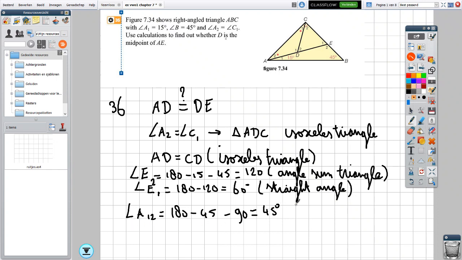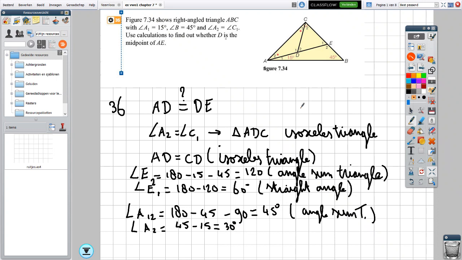This is again angle sum, triangle. I'm going to abbreviate it. Angle A2 in that case must be 45 minus 15, because A1 is 15, equals 30 degrees.